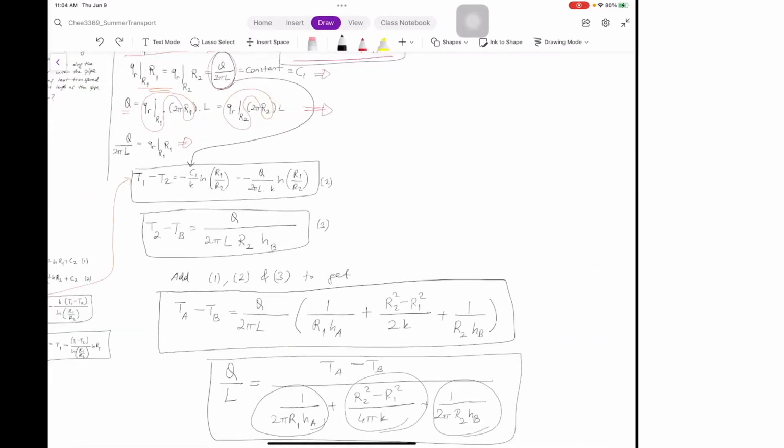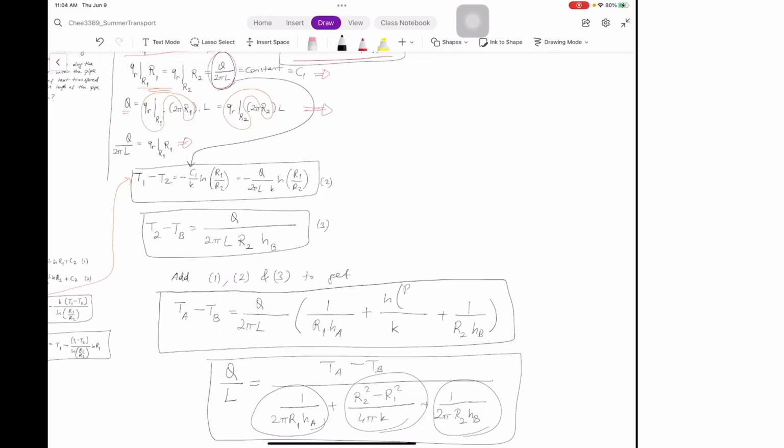The middle term was the problematic one. We still get this Q over 2 pi L there. But the middle term, let's erase it. Let's make it 1 over K, right?